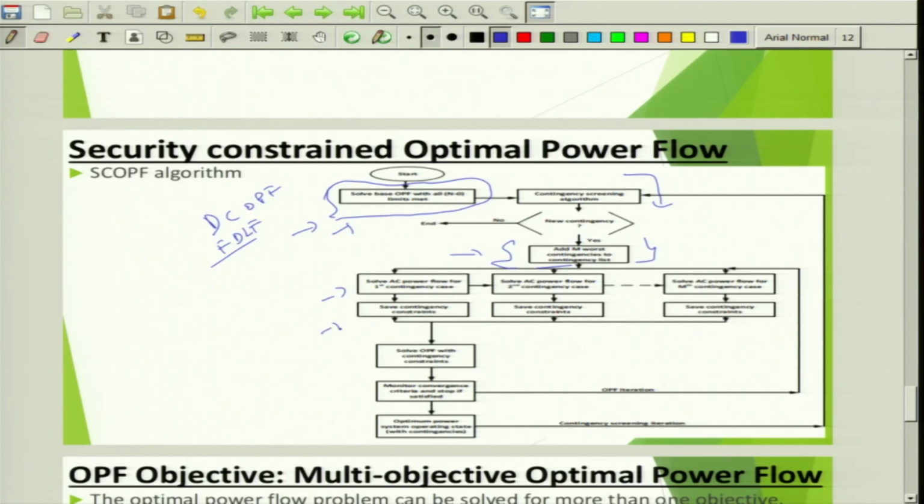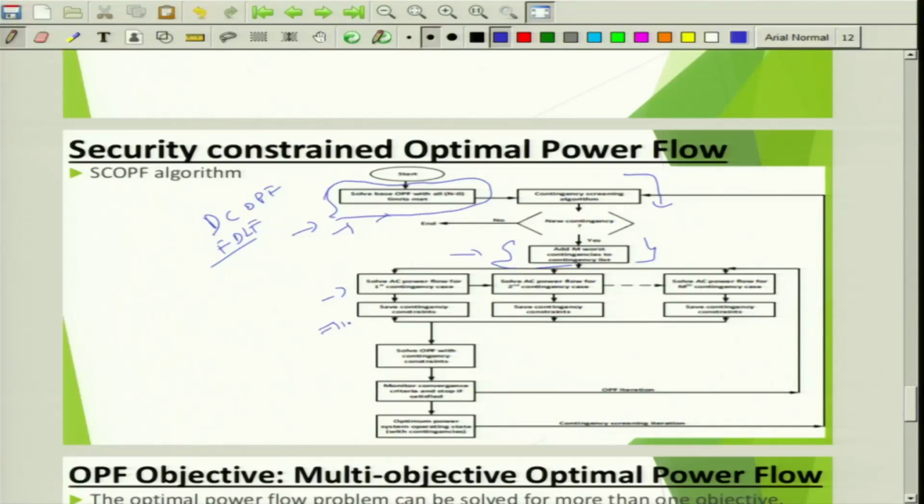In fact, using DC OPF also you might have got some contingency constraints. Now we are updating them using AC OPF, because AC OPF is even more accurate than DC OPF. Now you get certain contingency constraints.